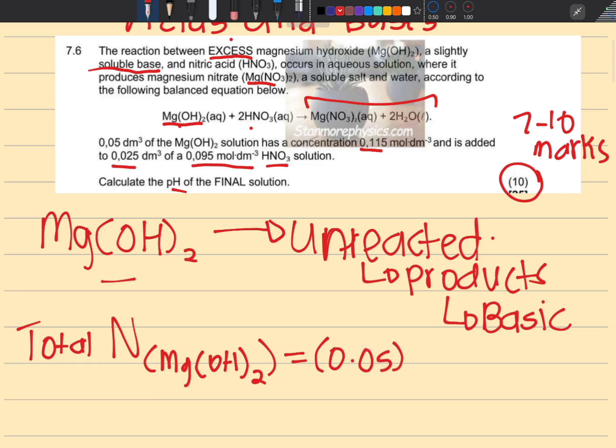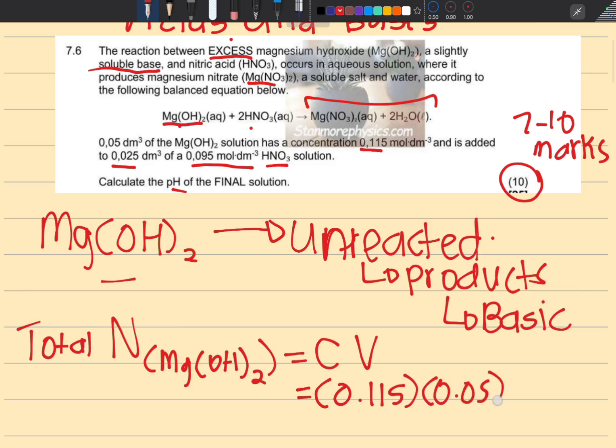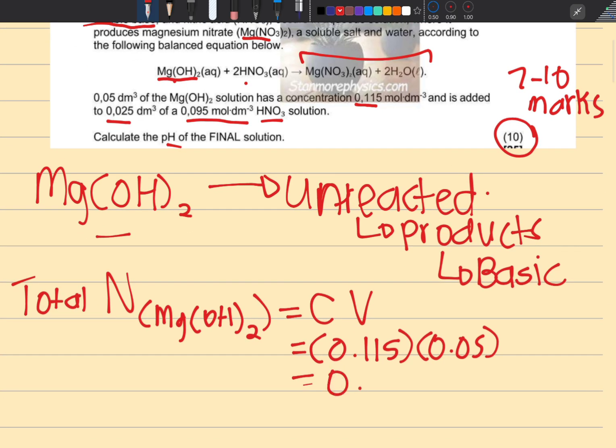Remember, guys, I'm using C times V, which is just the rearranged concentration formula. The concentration for magnesium hydroxide is 0.115, and the volume is 0.05, so 0.115 times 0.05 gives me 0.00575. So those are the total moles of magnesium hydroxide that we initially placed.